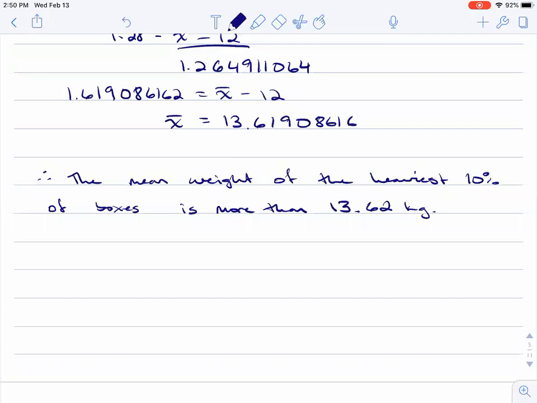Same procedure that we're used to, just a slightly different Z formula, but the procedure is all the same.